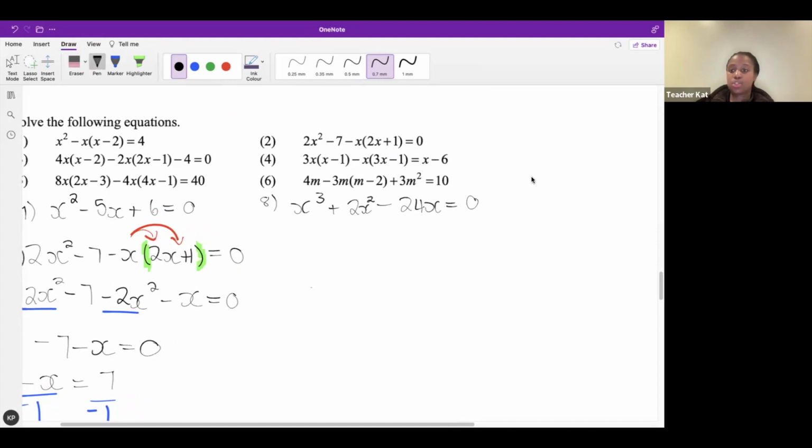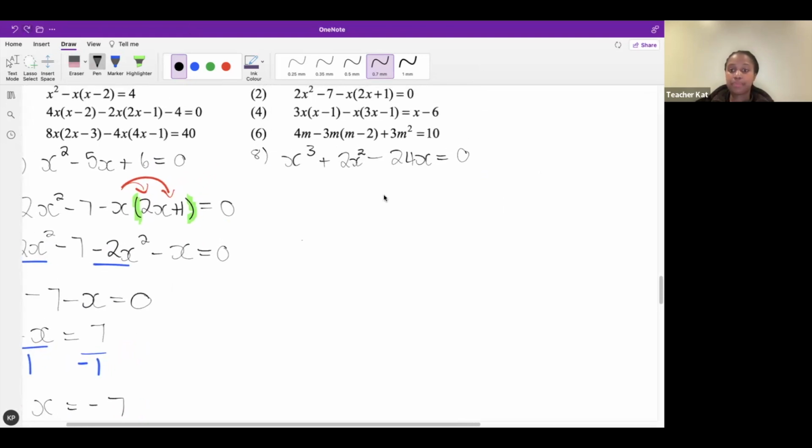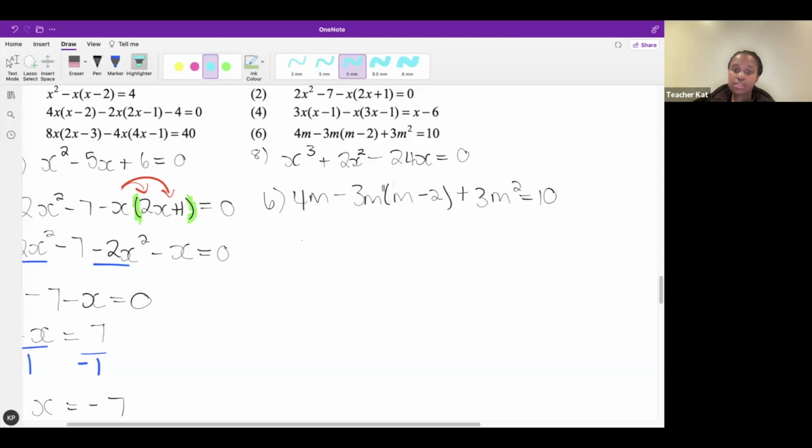Before we get to 7 and 8, let us do 6 quickly. So 6 is 4m minus 3m times m minus 2 plus 3m squared equals 10. Once again, brackets. What do we do when we have brackets?